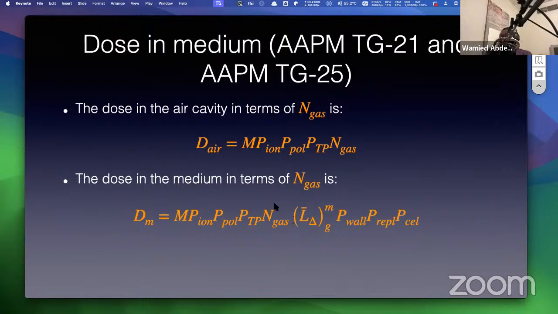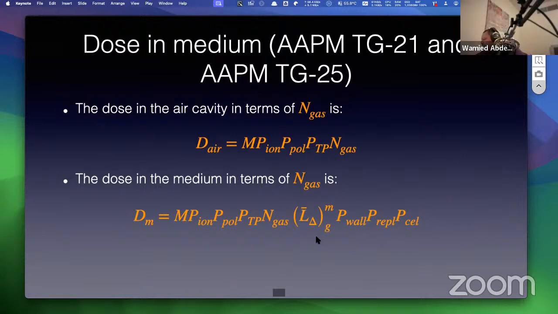All of this part represents dose in air multiplied by the Spencer-Attix ratio of restricted stopping powers. And then we have P-wall, P-replacement, and P-central-electrode, if the central electrode and the wall of the ionization chamber are of different materials.